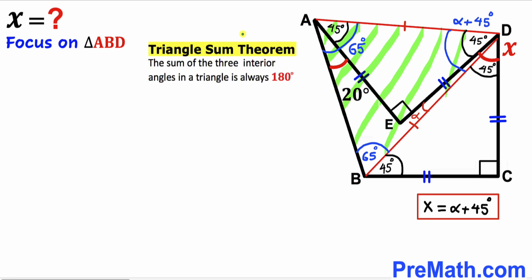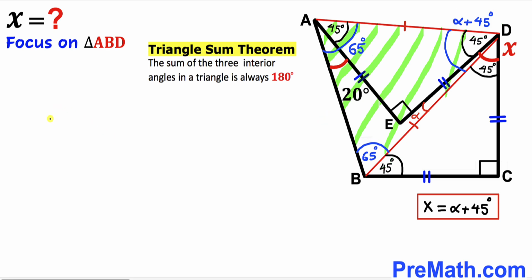And now let's recall the triangle sum theorem. The sum of three interior angles in a triangle is always 180 degrees. So therefore the sum of all these three angles, alpha plus 45 degrees, this angle 65 degrees, plus this angle 65 degrees, must be equal to 180 degrees.